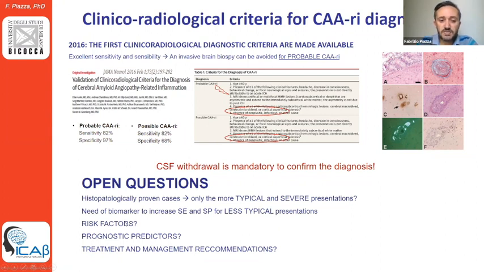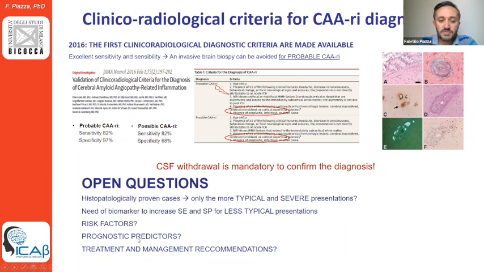And also the need of a biomarker is very important because, as you can see, these criteria work very, very well for the diagnosis of probable CAA-ri, but there is some margin to increase the specificity, maybe by adding a new biomarker for the diagnosis of possible CAA-ri.